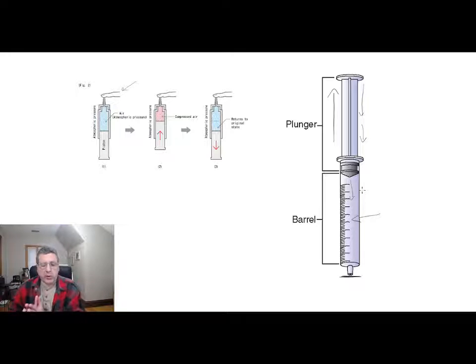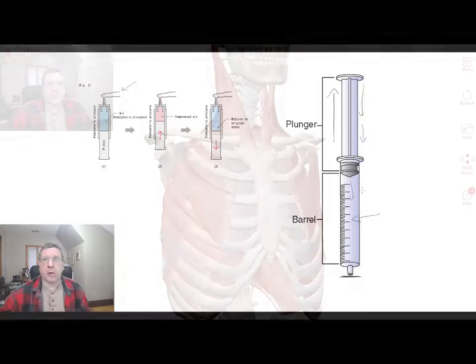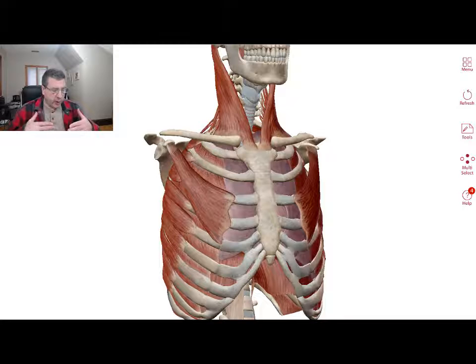Now, the next thing that we're going to look at is what's causing those changes. Okay, what is changing the volume of your thoracic cavity, either by making it bigger or smaller. There are 3 different breathing patterns that we want to look at and how those relate to changing your thoracic cavity volume: quiet breathing, forced inspiration, and forced expiration.